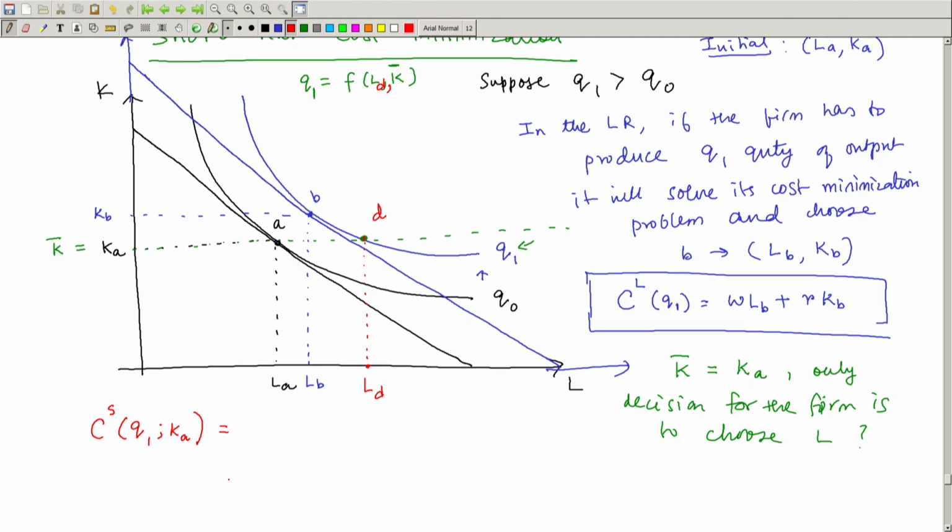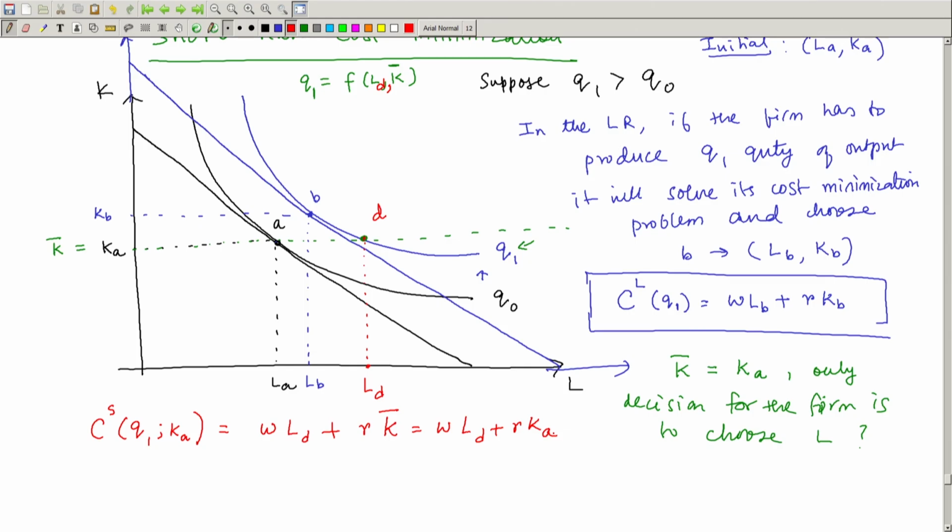Now, this cost is going to be W times L_D plus R times K bar. So, this is the same as W times L_D plus R times K bar.